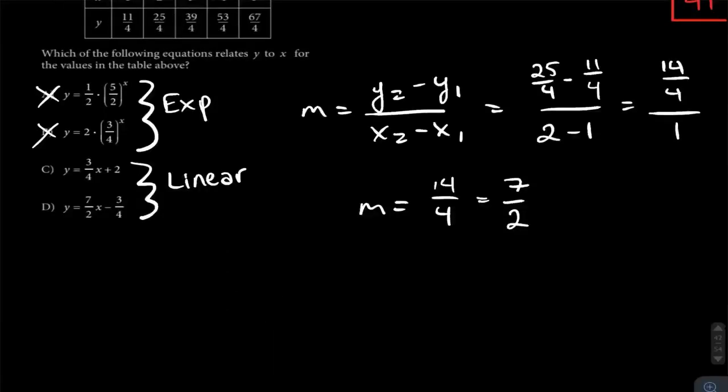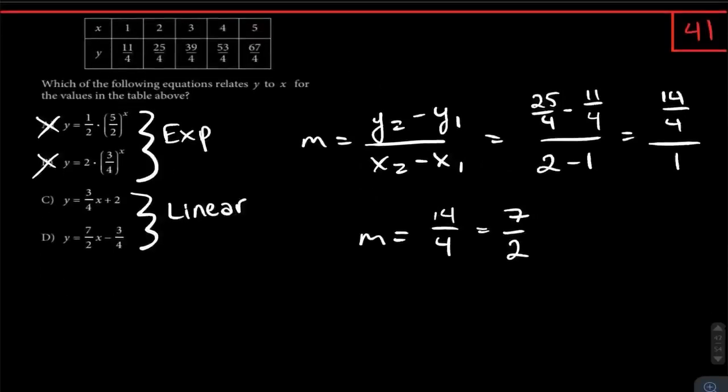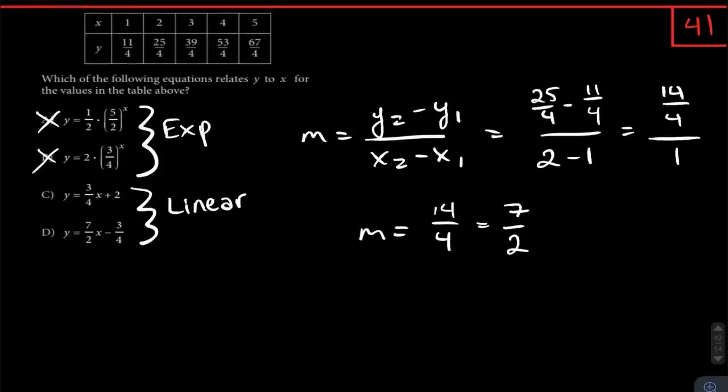We could have looked at this table and said, okay, we know that we've been increasing by 14 over 4 each time. So you would have already had to know your slope, and then you could have just identified it. I think this is the longer way. But we could have just subtracted 14 over 4 from 11 over 4 and gotten negative 3 over 4 and realized, okay, that's where our y-intercept is going to be.